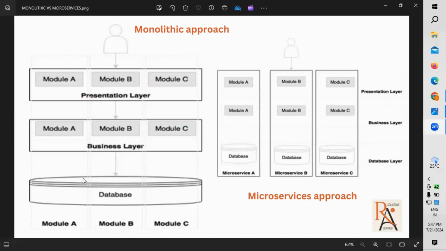In the monolithic approach, while we are developing an architecture for the project, remember, whatever components we are using are tightly coupled. It means that if you want some flexibility in between due to requirement changes or volatility, it is really difficult for us to make changes in between.